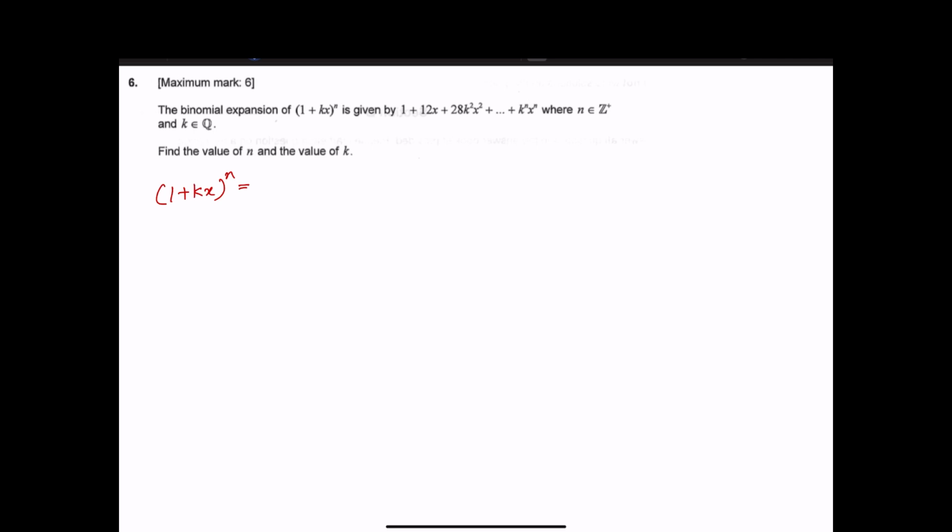So this one, if I expand it, it will be nC0 1 to the power of n (kx) to the power of 0, plus nC1 1 to the power of n minus 1 (kx) to the power of 1, plus nC2 1 to the power of n minus 2 (kx) whole square. We just need the first three terms, so I have just written that.